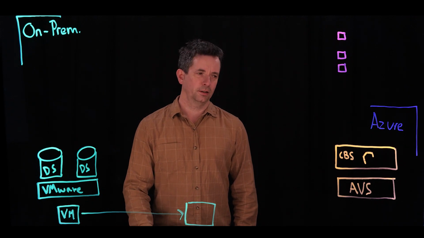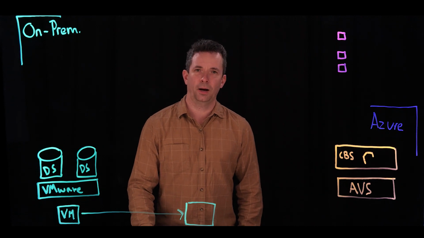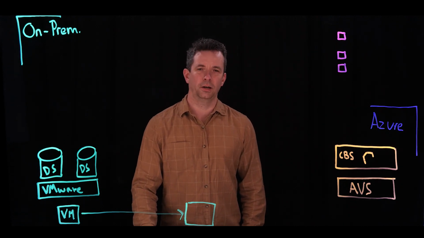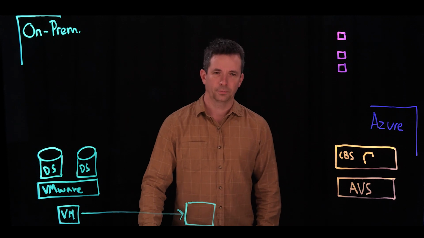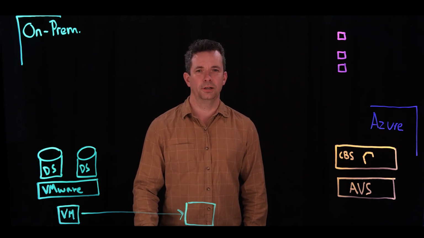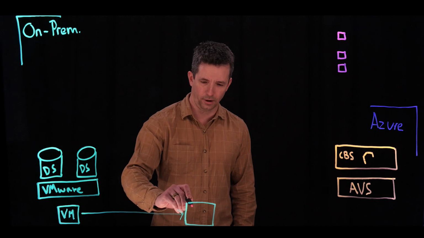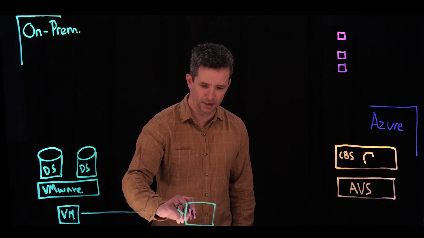And the real key to this is that within the Azure VMware Solution management blade, you have the option to instantiate and install HCX Enterprise. HCX Enterprise, once installed on AVS, will give you the option to download an HCX OVA that you can then install onto your on-premises VMware environment. That's called the HCX connector.